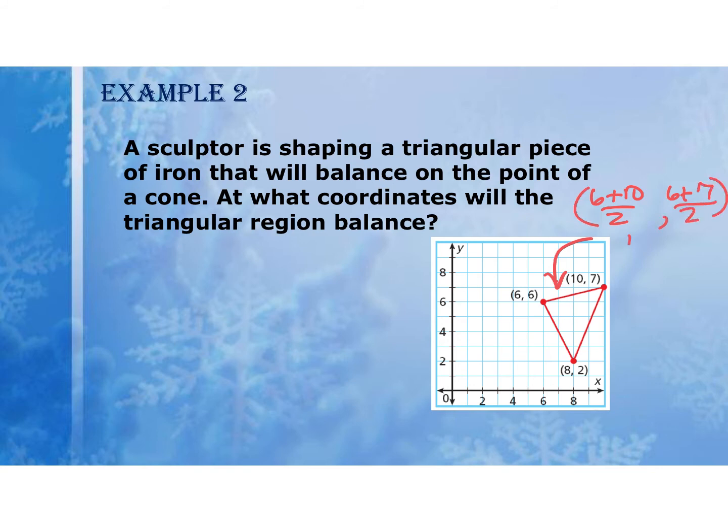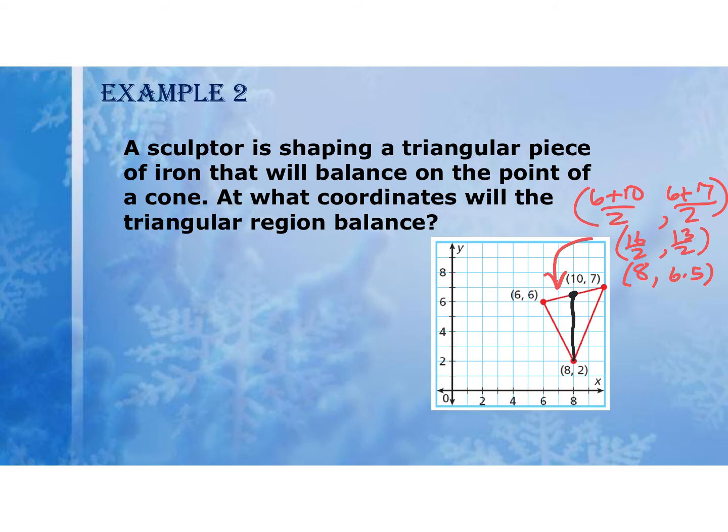I end up getting 16 over 2 and 13 over 2. 16 divided by 2 is 8, and 13 divided by 2 is 6.5. So I'm going to graph this midpoint. It's at the ordered pair 8, 6.5, so it's right here. Again, the median goes from the midpoint to the vertex, so from this vertex, I'm going to draw the median in.